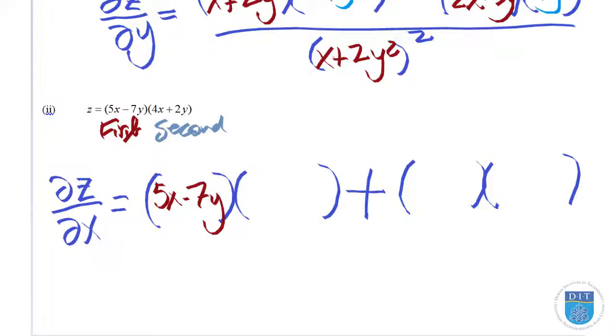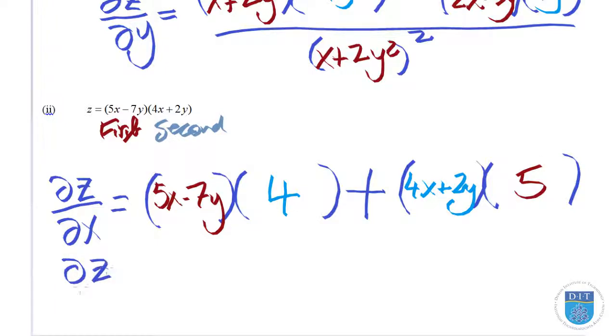With respect to x, the only x is in the 4x, and the derivative of that is a 4. Plus the second, 4x plus 2y, by the derivative of the first. Looking at the first, just left with a 5x, and the derivative of that is a 5. Simple as that.